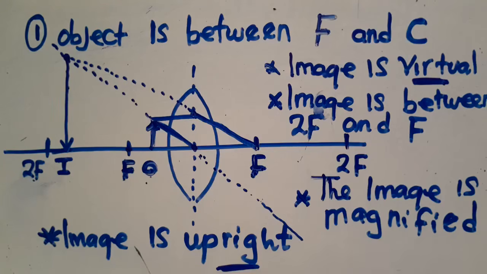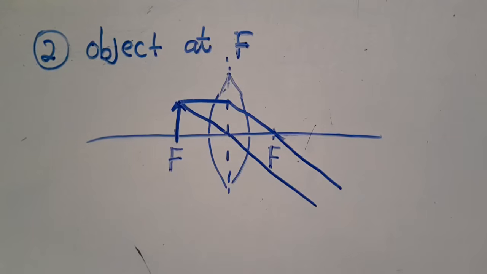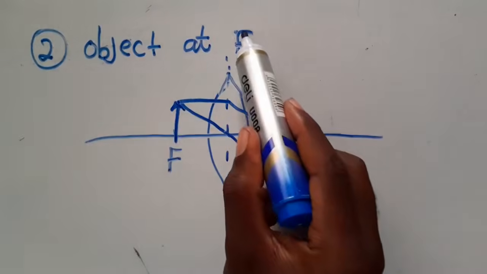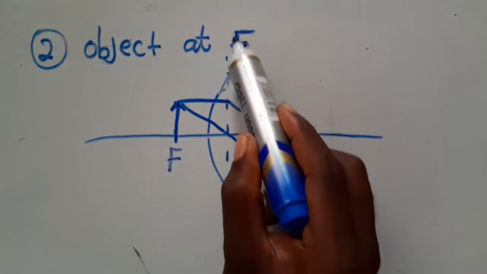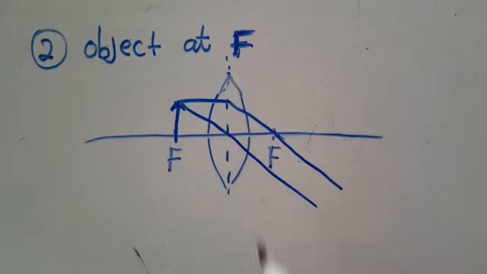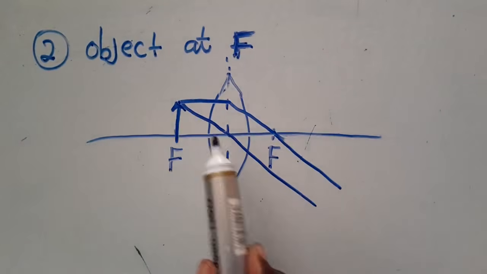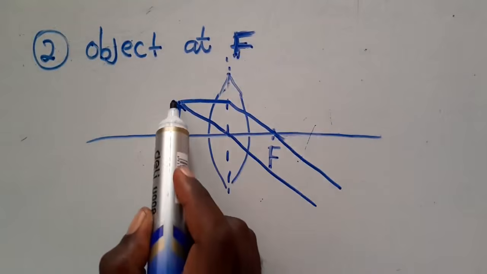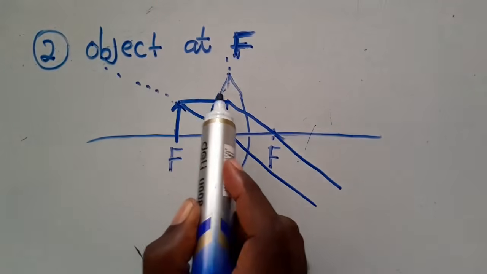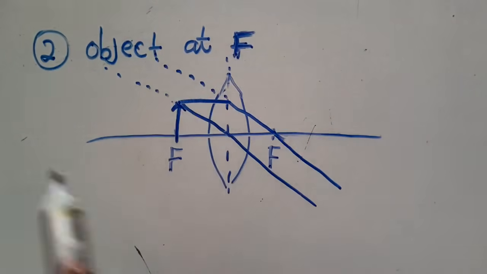Let us also look at another important part. This is the second one that you need to know. Where the object is at F, when we try to extend these lines, even if we extend them, they can't meet.